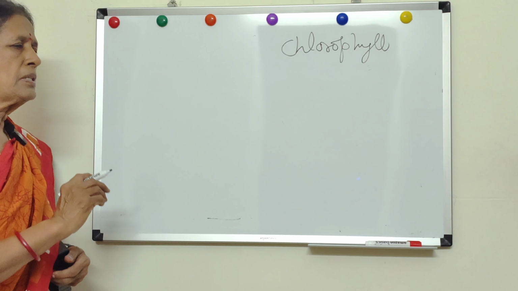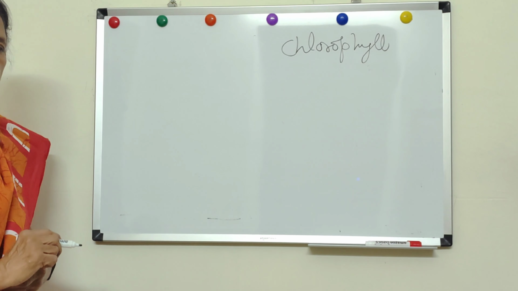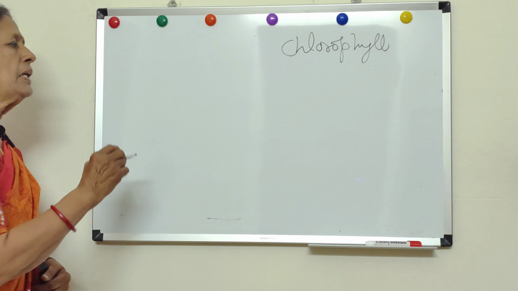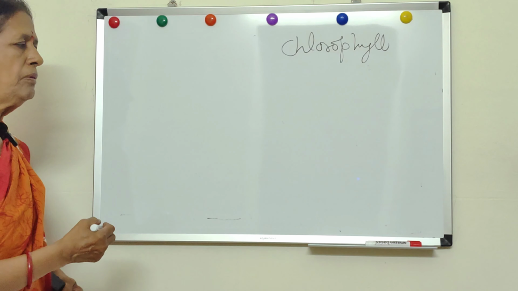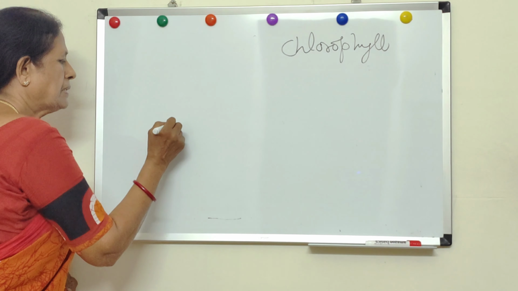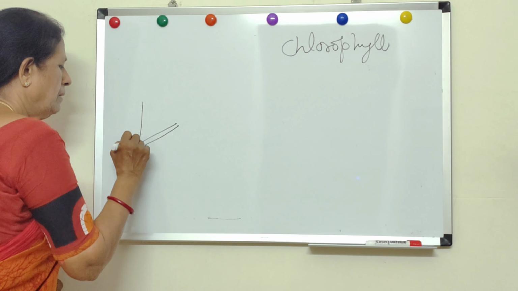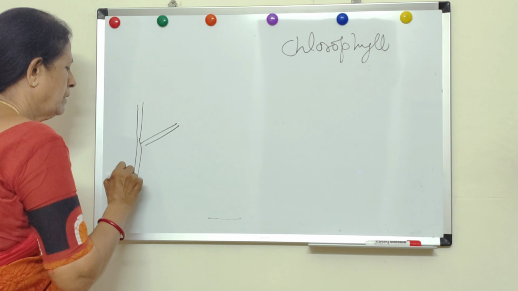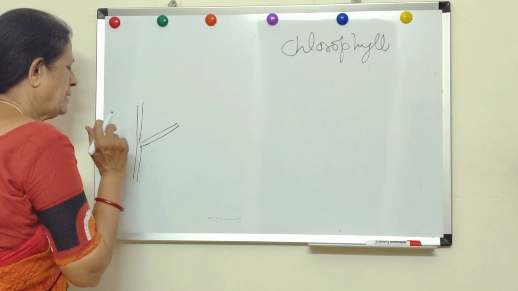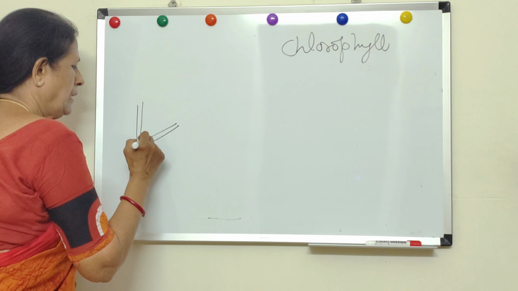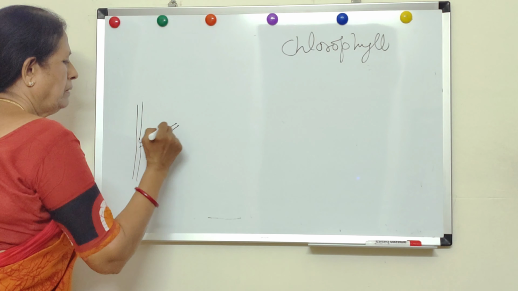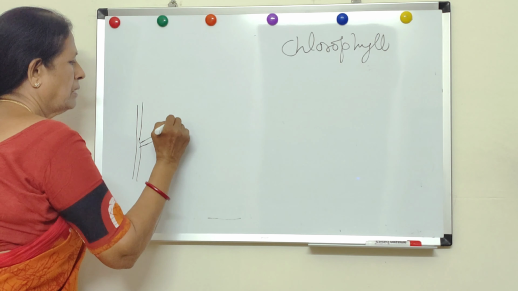Before studying the internal structure of a leaf, we shall see the external structure of a leaf. Imagine this is the branch of a plant, and this is a nodal part from which a leaf arises, and this is the stalk of the leaf.